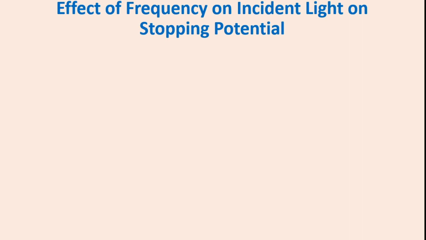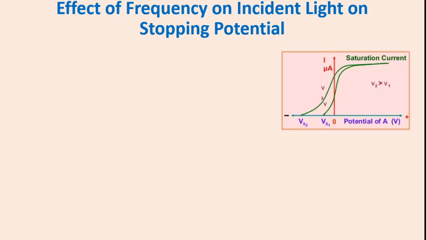Now we will discuss the effect of frequency of the incident light on stopping potential. This is the curve shown. Here we consider the situation where the saturation current is constant, and using different frequencies we get two curves.